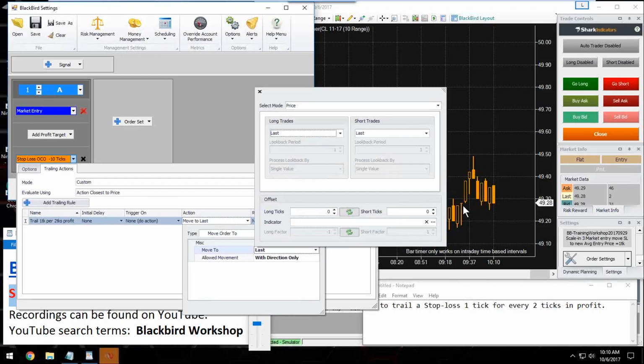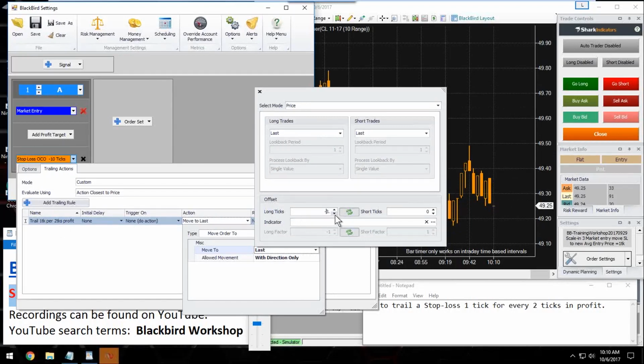Normally you're basing your stop loss off of the last price. So if you wanted to keep a fixed 10 tick trailing stop loss, you would simply put negative 10 ticks in there, so it's negative 10 ticks off of the last price.